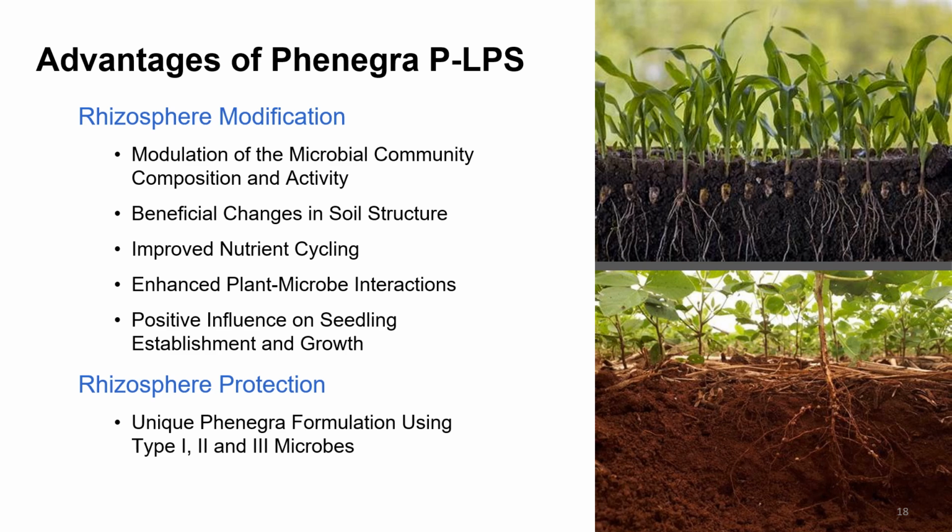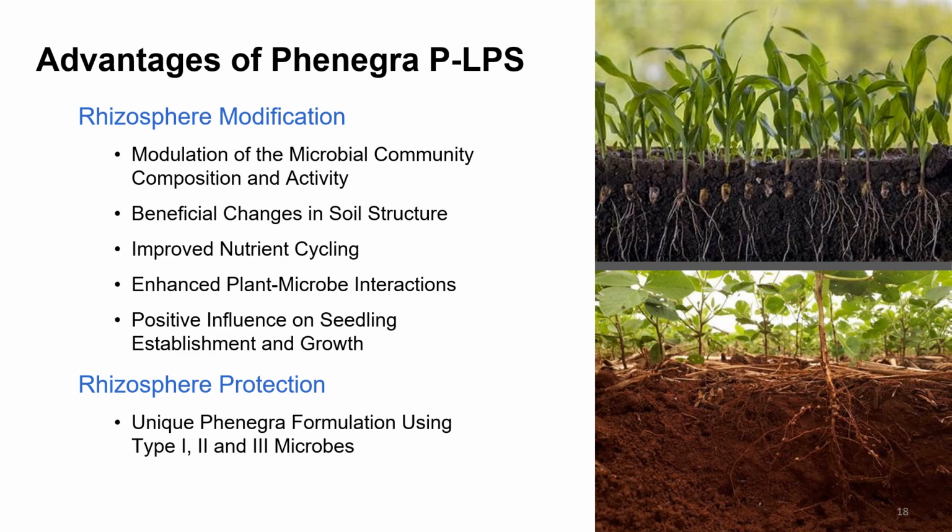I think that becomes really apparent by this point, is the modulation of your microbial community at the start, at stage 0. Beneficial changes in your soil structure come from stage 0 into seedling stage. Well, those beneficial changes in soil structure came from type 3, and type 3 works with type 2 and type 1, so that you now have improved nutrient cycling.